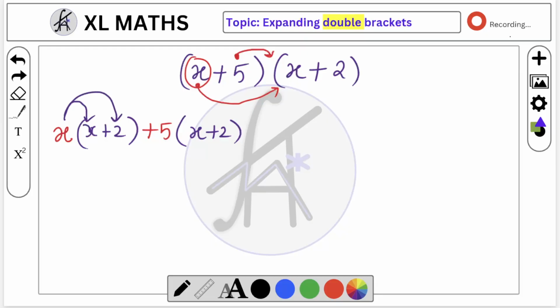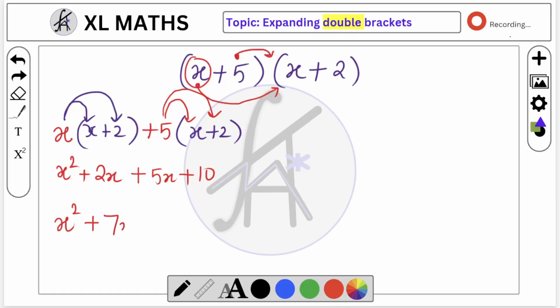So x times x is x squared plus 2x. Now you have 5 times x, that will give you a positive 5x because it's a positive 5 times x, and a positive 5 times 2, that will give you 10. At the end, we're going to be getting the answer as x squared plus 7x plus 10.